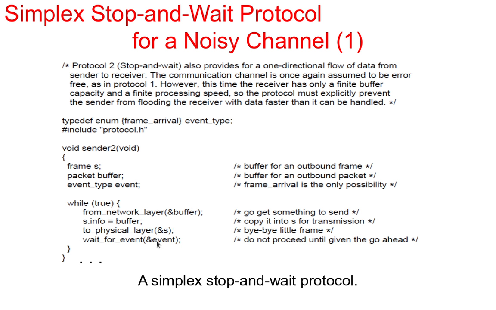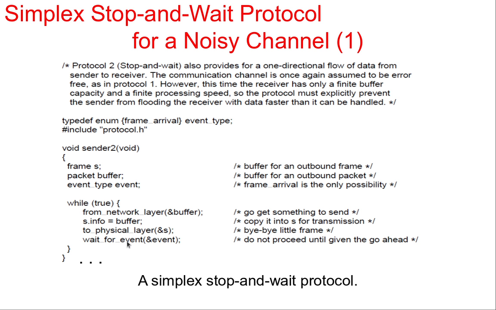one receipt of a frame from the receiver. Here the data will not be sent back from receiver to sender, but there can be a frame which is acting as an acknowledgement for the received frame. So wait for event, that is the new thing which is added here.